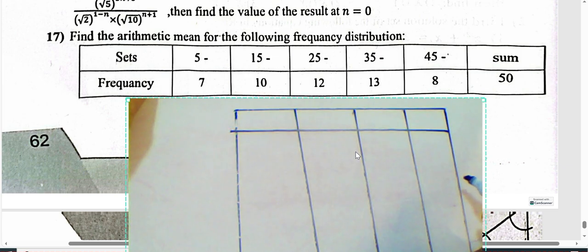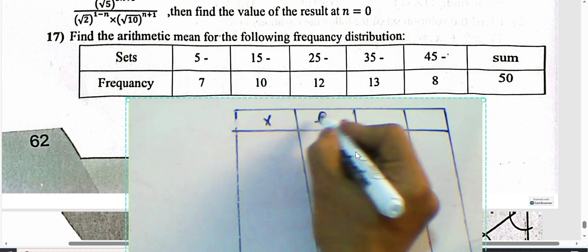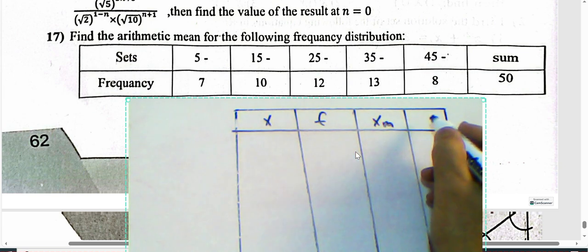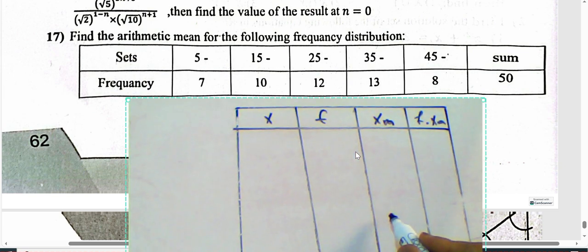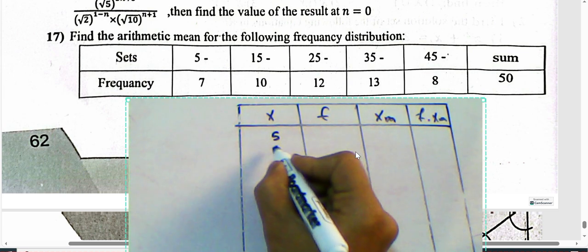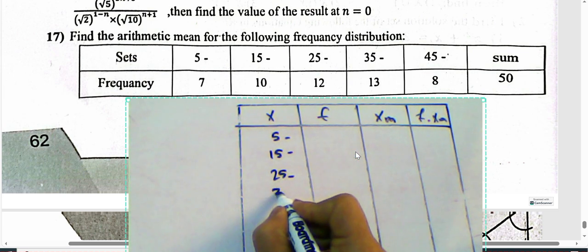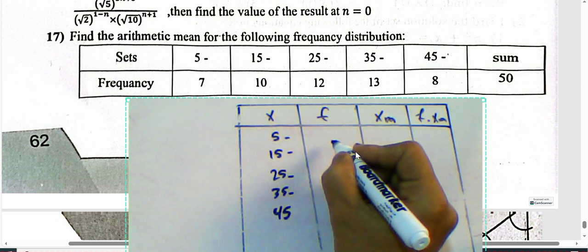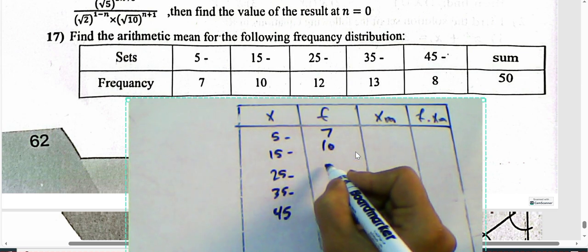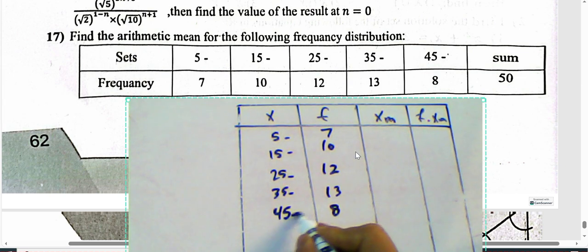We can write here x and frequency and the center of the set and the product between frequency and center of x. The sets here are 5, 15, 25, 35, 45. The frequencies were 7, 10, 12, 13, and 8.